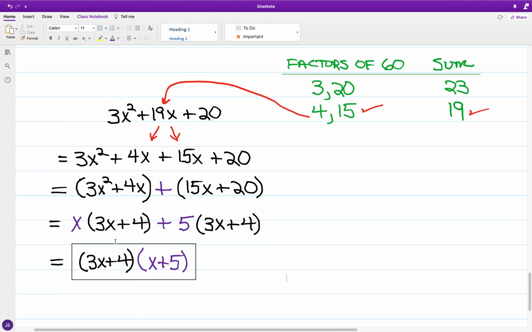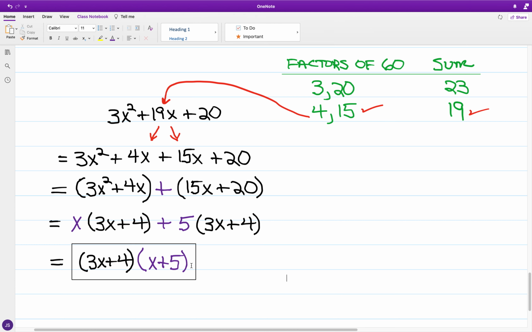And you can always go back and check. So you have 3x times x is 3x squared. 3x times 5 is going to be 15x. And the inside product is 4x. And 15x plus 4x will make 19x. And 4 times 5 comes out to 20. So those will be the factors.